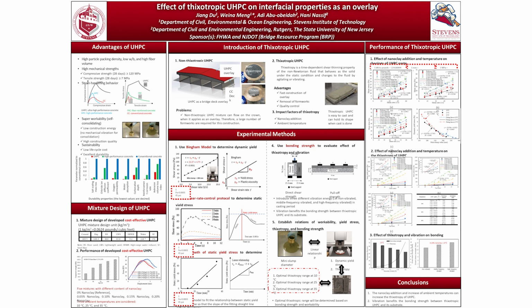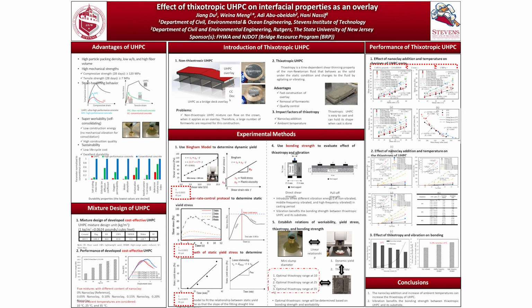Various temperatures, such as 10 centigrade, 25 centigrade, and 35 centigrade, were used to mimic the typical environmental temperature on job site. A high-precision rheometer, Anton Paar MCR 302, was used to measure the dynamic yield stress and static yield stress of UHPC with different nanoclay additions and temperatures.